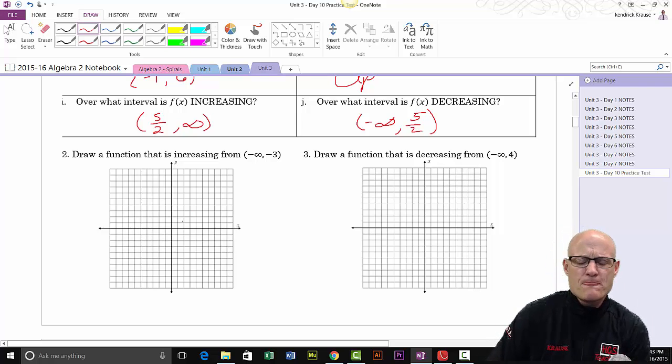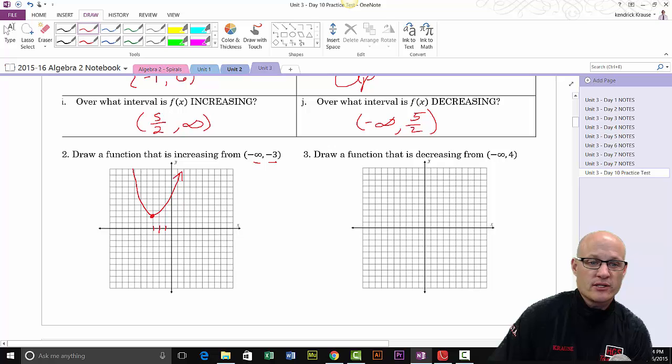So that's why I figured I'd throw a couple of questions in where you had to show a function that was decreasing from negative infinity to negative 3. So as I'm cruising down from negative infinity to negative 3, what I'll do is find negative 3, 1, 2, 3, and pick any point. And I'll draw a parabola where it is decreasing, decreasing, decreasing. And as soon as I get to x equals negative 3, I increase.